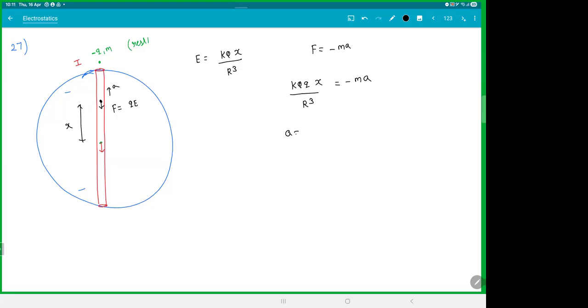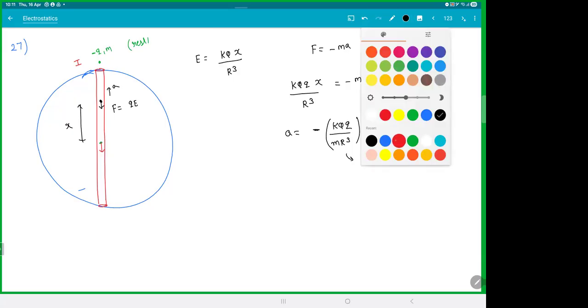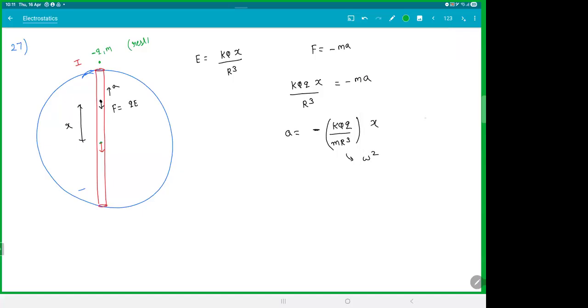You can clearly see this is an SHM. kQ small q by mr cube into x, this is your omega square. So this thing is oscillating in SHM, and how far is it going? You're starting from rest, so that is your extreme position. X is equal to r is your extreme.